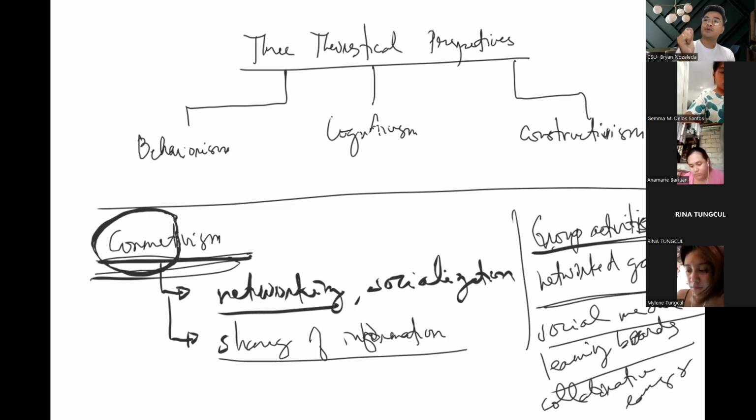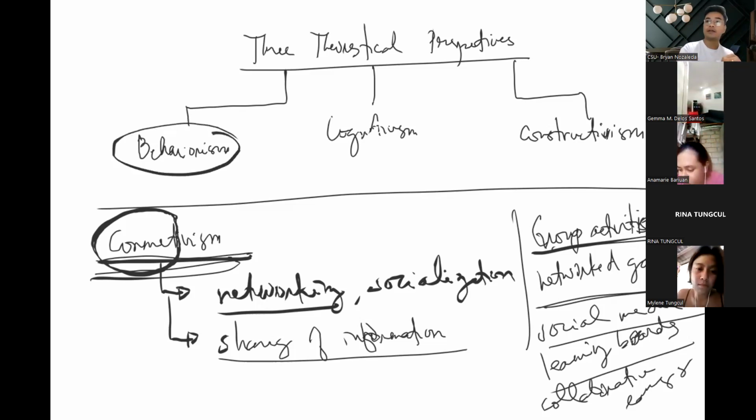But the important point here is that you understand the essence of these four theoretical perspectives. So what is the essence of behaviorism? The essence of behaviorism is that learning happens when there is a change in behavior. And that behavior must be observable, nakikita, napapanood, na-o-observe.